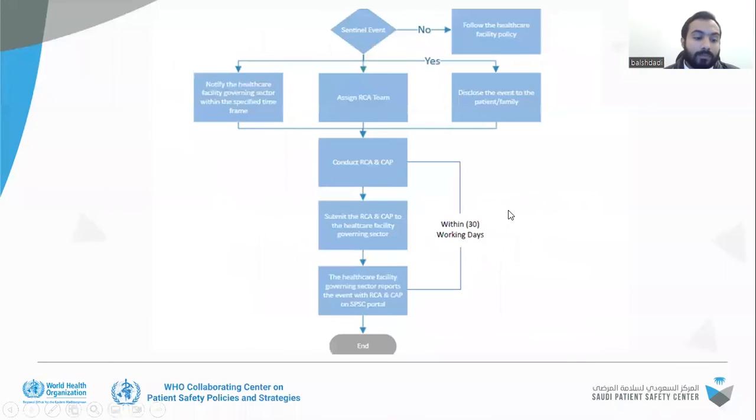Excellent. So we've identified that this is a Sentinel event. As we said, we'll assign the RCA team, notify the healthcare facility governing sector within the specified time frame, and disclose the event to the patient and family. These steps should occur simultaneously.